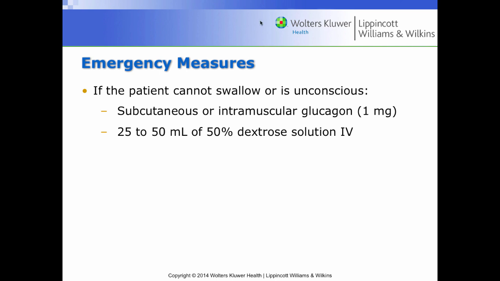If you don't have either one of these, you can put fast-acting glucose tablets or glucose gels under the tongue, and some of it will get absorbed and improve the situation. But ideally, you are giving an intramuscular injection of glucagon and some dextrose water.